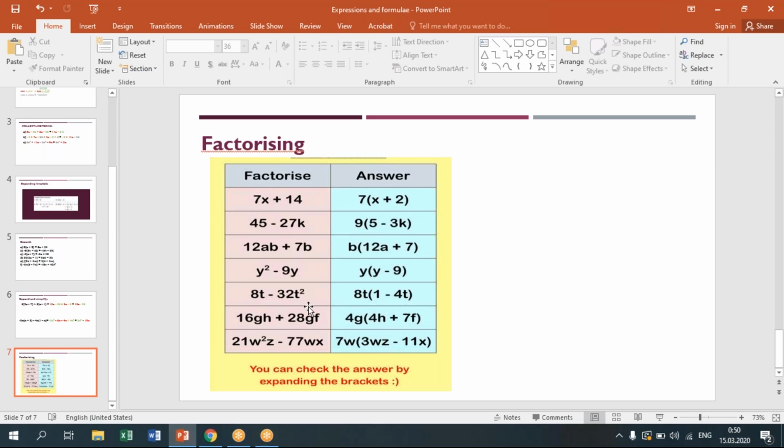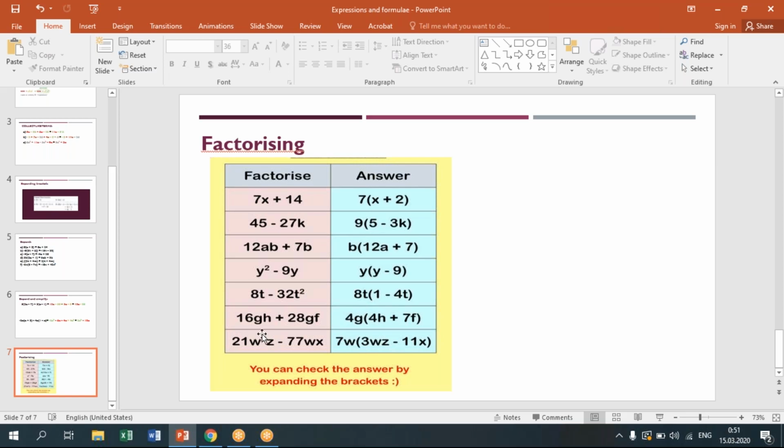Then minus 32t squared divided by 8t. 32 divided by 8 will be 4. It was t squared, 2 t's, one of them before the bracket, so only one of them will be in the bracket. Let's check. 8t multiplied by 1 will be 8t. 8t multiplied by negative 4 will be negative 32t squared.